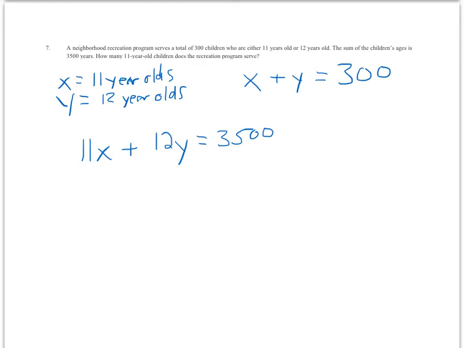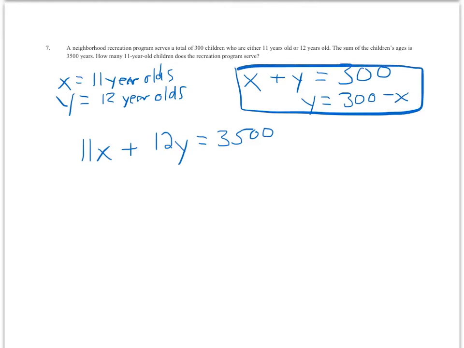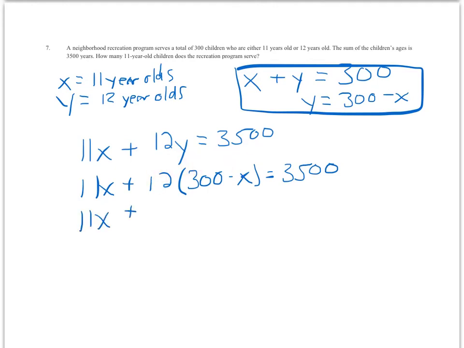We got two equations, two variables, so we solve a system of equations. If I get Y by itself here, and I replace this Y with 300 minus X, I get 11X plus 12 times the difference of 300 and X. If I distribute the 12 here, I'm going to get 11x plus 3,600 minus 12x equals 3,500.